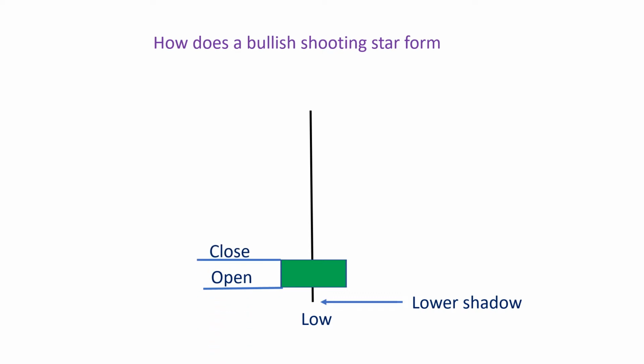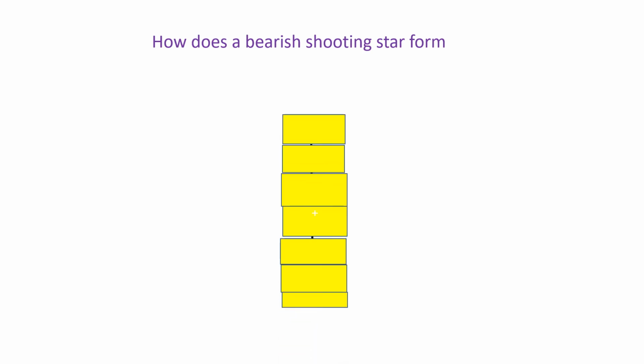The candle closes right here, leaving an upper shadow representing a strong presence of sellers in the market, and this is the highest price for the duration of this candle. So although the color of this candle is green, which is bullish, this candle has a huge bearish power. Now I'm going to show you how a bearish shooting star is formed.